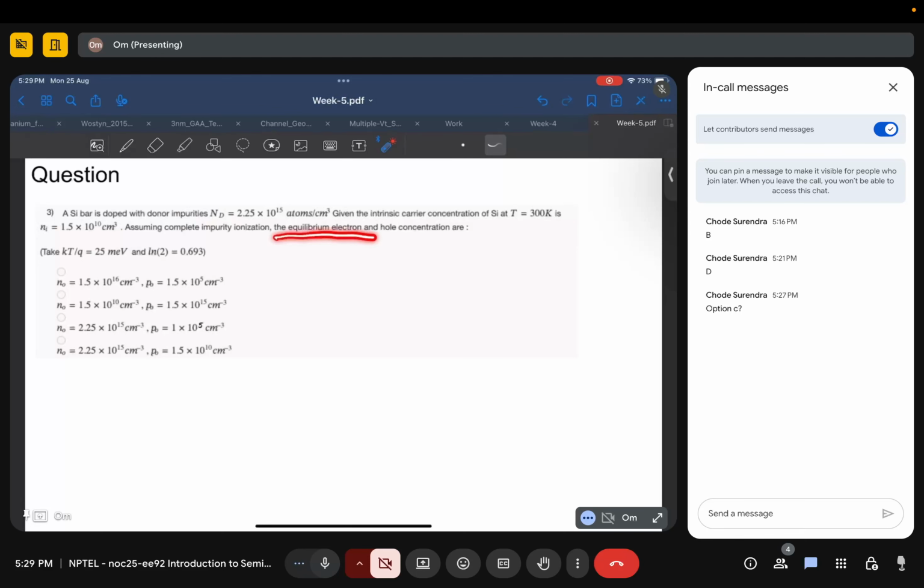We have to find the equilibrium electron and hole concentration. So in equilibrium, we know that n0 p0 equals ni square, right? So n0 can be assumed equal to Nd, which is 2.25 into 10 to the power 15 per centimeter cube.